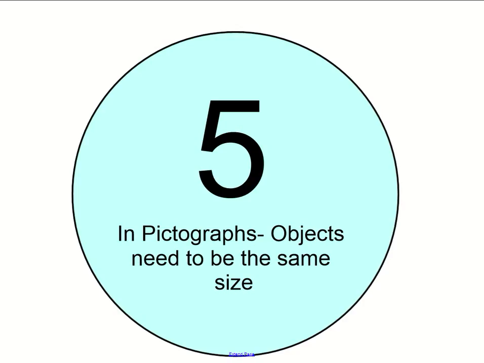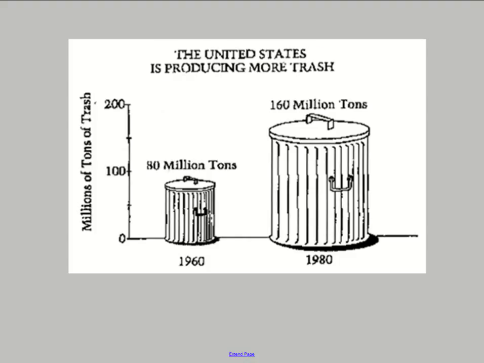And so in pictographs, we need to make sure the objects are the same size, unlike that car one and the hamburger one. They're trying to be misleading with the size and make something appear to be more than it actually is. It's the same thing here. The 1980 trash can looks way bigger than the 1960 trash can, but it's really only double.